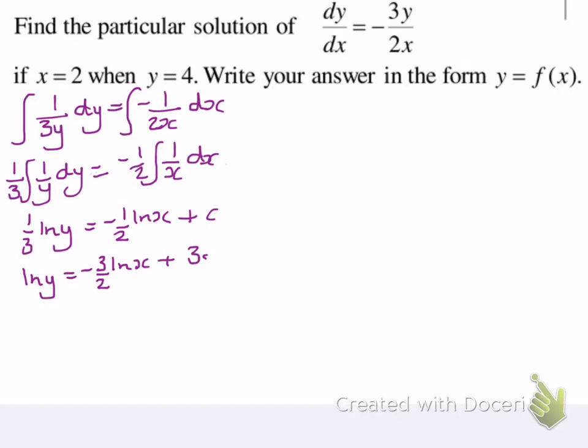And it's at this point I'm going to take our constant and say, let ln a equal 3c. So now I can write ln y equals ln x to the minus 3 over 2 using our log rules plus ln a.